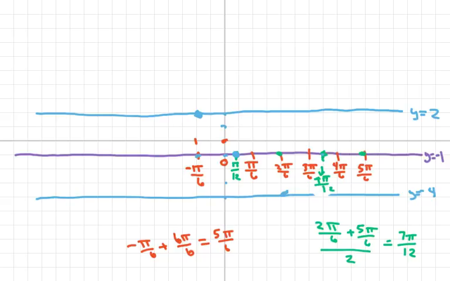Okay, so go back up here, and then at 5 pi over 6, we're back at the very top. And this is your cosine wave from there to there.